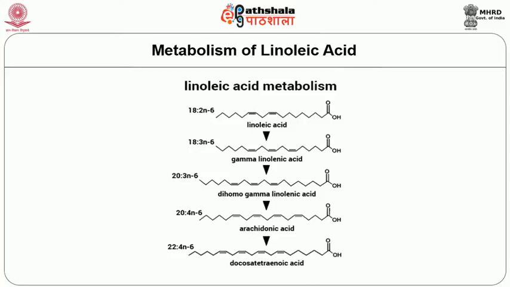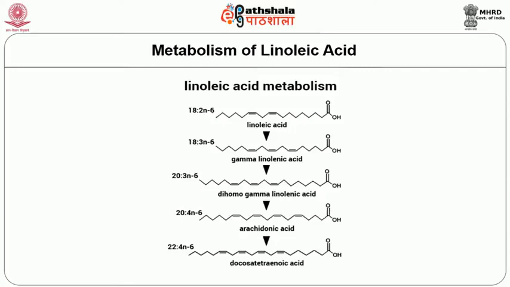Now this dihomo gamma linolenic acid is converted to arachidonic acid, which has 4 double bonds with a 20 carbon chain length. Arachidonic acid is converted to a 22 carbon chain length with 4 double bonds as an omega 6 fatty acid. This is called docosatetraenoic acid.